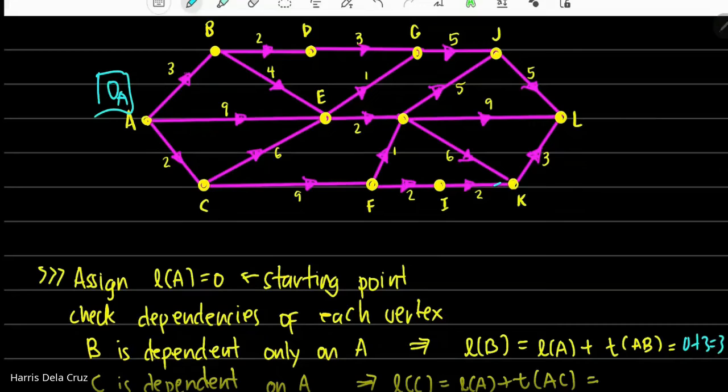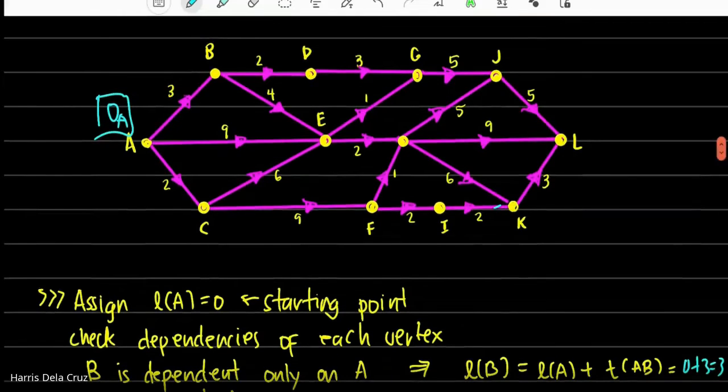So, ganun ulit. Kamukha lang din nung sa Dijkstra algorithm. Now, since wala nang iba pang dependency si B, di ba? Basta natapos mo na yung A to B, wala nang ibang nakadependent, fix na yung label na yon.